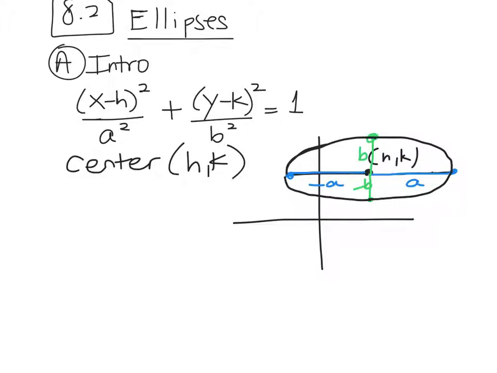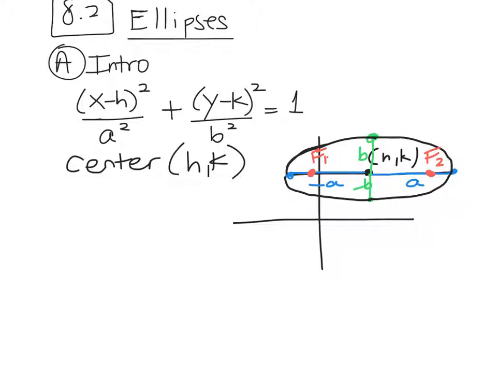Okay. Then there are 2 very important points on the ellipse. So if a is bigger than b, then your foci, they're called foci, will be on that side, okay? So that would be F1 right here and F2.